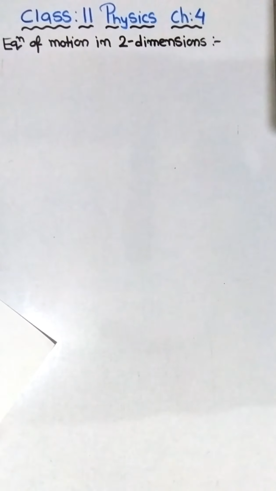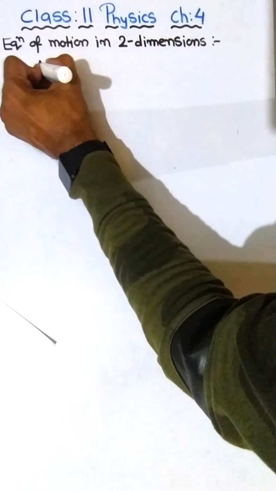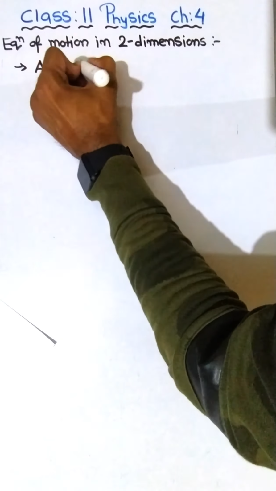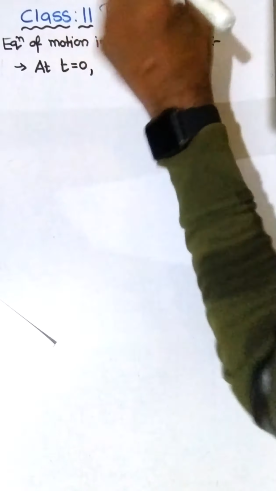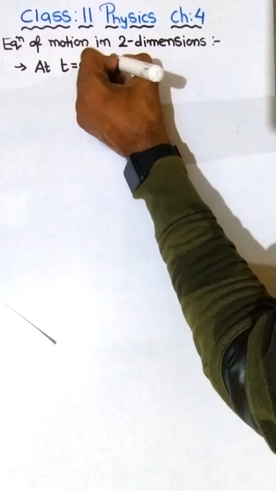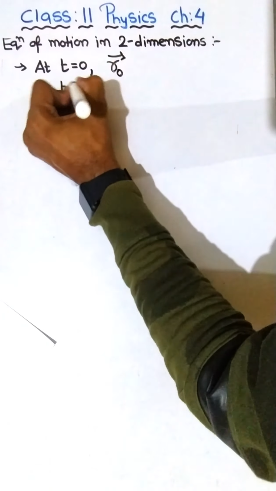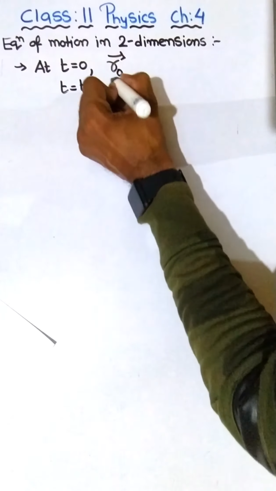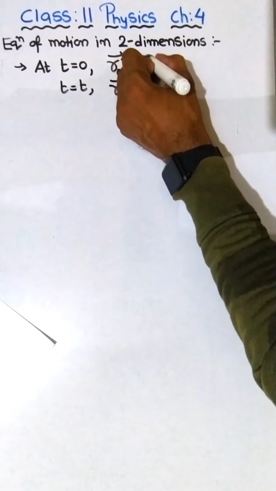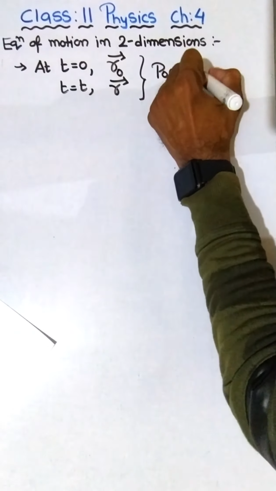Now for the second equation, we will again have to assume a few things. At time t equals 0, the position of the object is determined by r0 vector, and at time t, the position is shown by r vector. So these are nothing but the position of the particle.